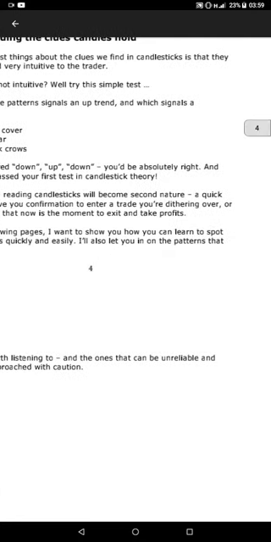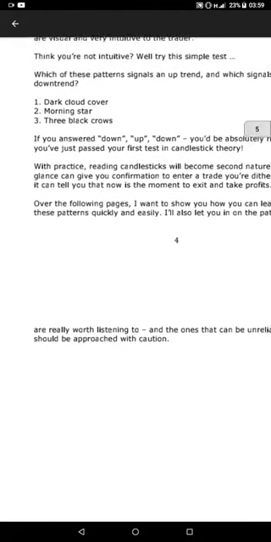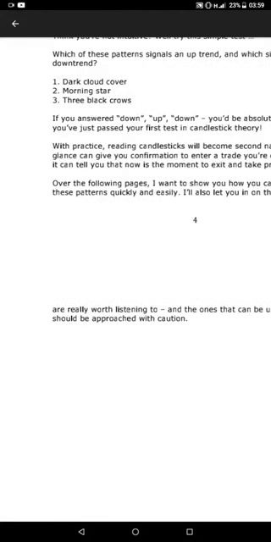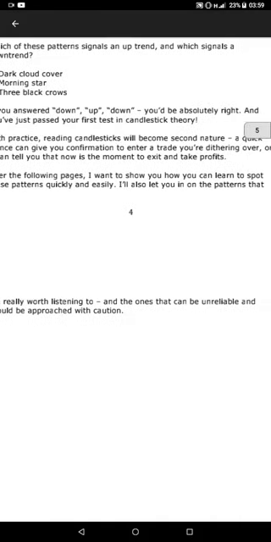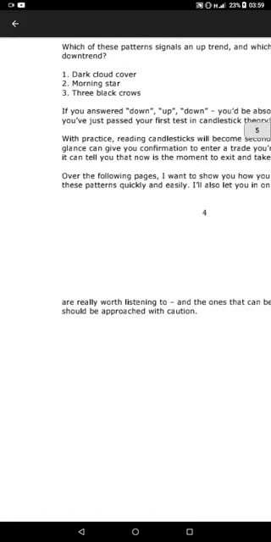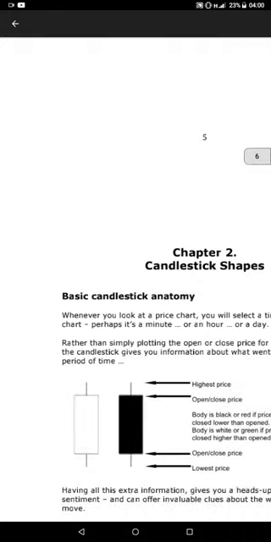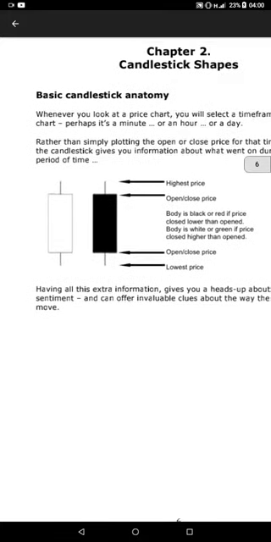It will also let you in on the patterns that are really worth listening to, and the ones that can be unreliable and should be approached with caution. Yeah, guys, we are going to Chapter 2.